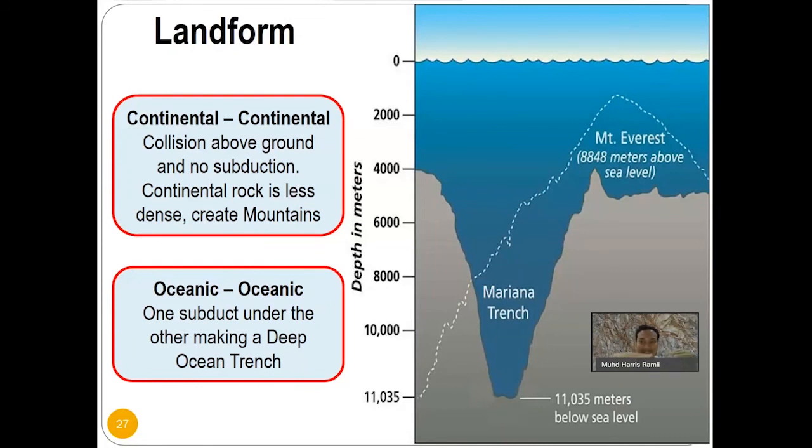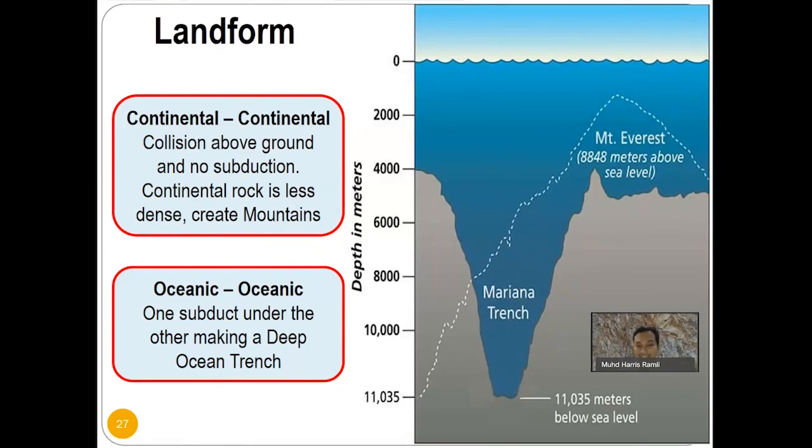Okay, so when they collide, they're going to create mountains. And in the previous example, in subduction, usually you have one continental and another one oceanic. So usually it's one low density, another one high density.